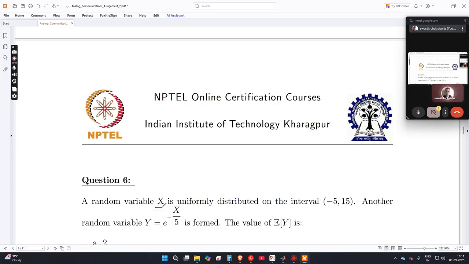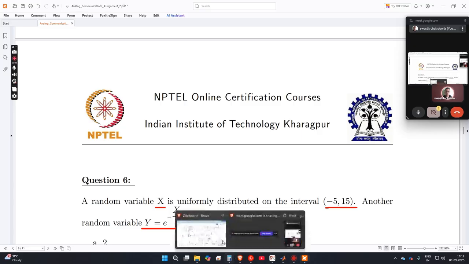Now we come to the question: a random variable x is uniformly distributed in the interval minus 5 to 15. Another random variable y is e to the power minus x by 5. So what is the value of E(y)?